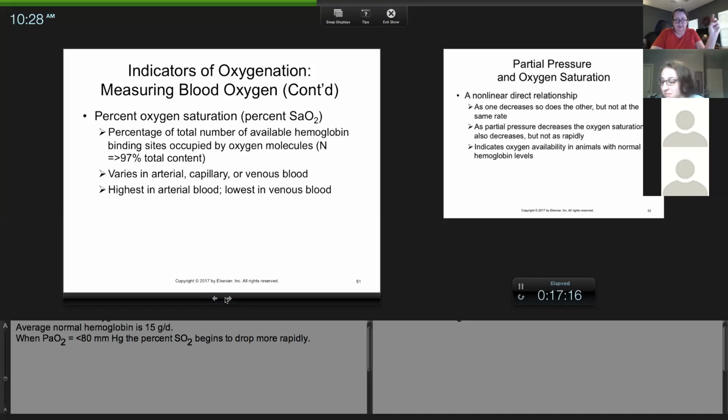Now, percent saturation, SaO2, is telling us what percent of sites are bound by oxygen. Okay, that's SaO2. Because you have an A here, that's still arterial. So when I do a blood gas, I look at the PaO2 and the SaO2, and that tells me how much oxygen is dissolved and how much oxygen is bound. But because there is an A, this is not SpO2, this is SaO2. Again, highest in arterial blood.